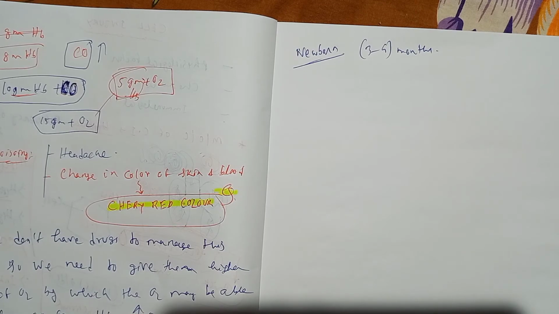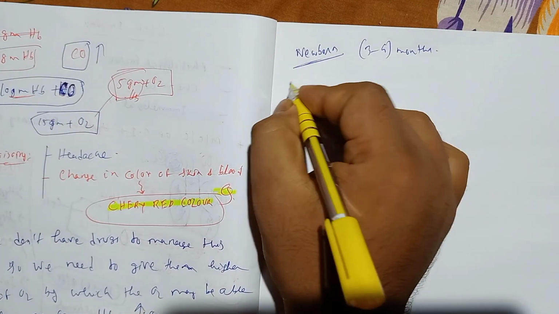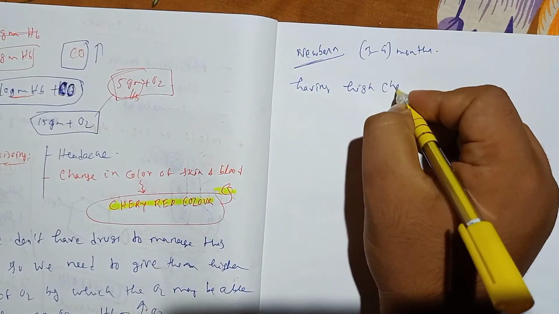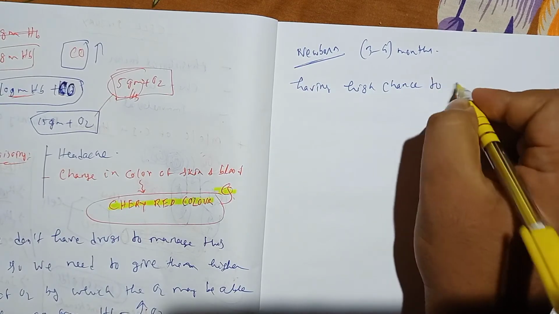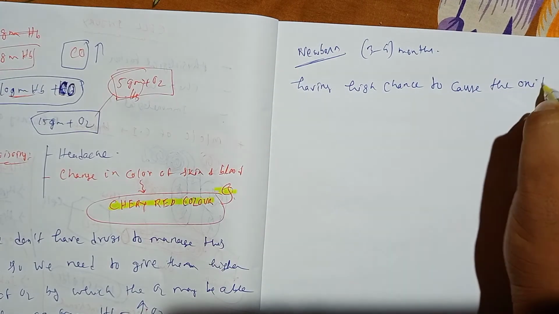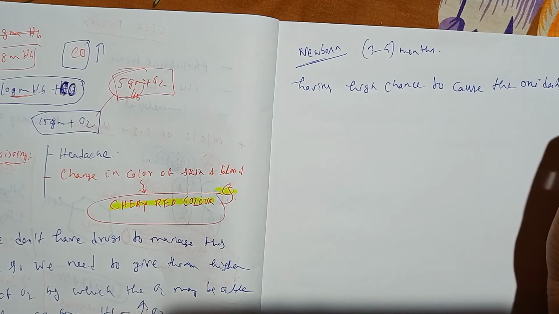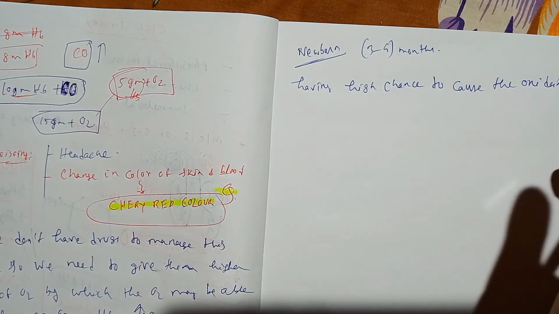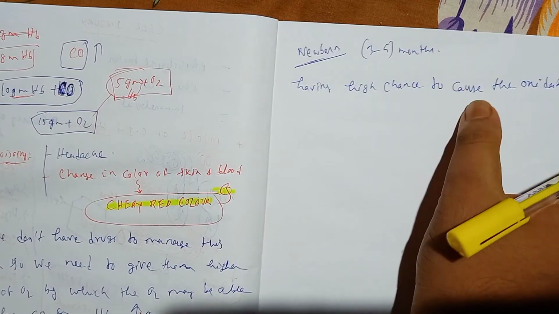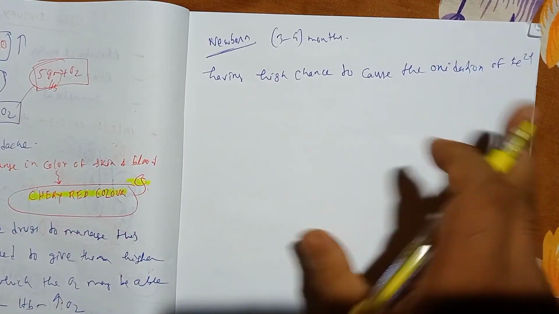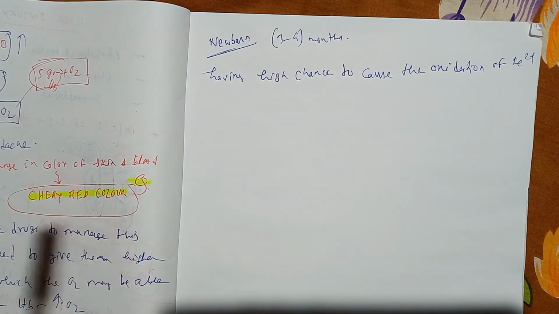Why? Because the newborn has a high chance of oxidation of Fe2+, meaning Fe2+ gets converted into Fe3+. But when will we see this? We have to know that also.